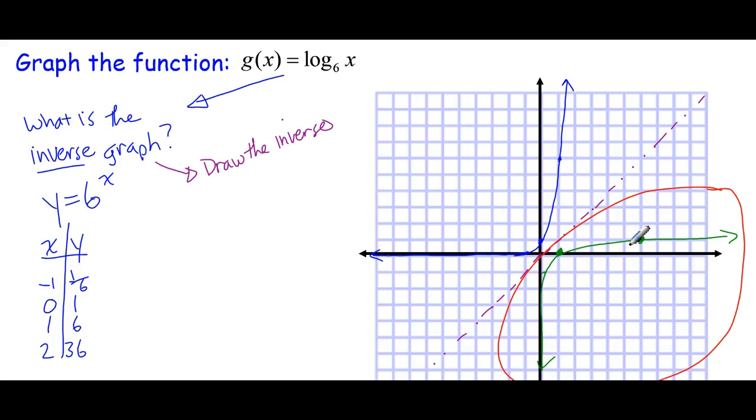And notice, like I mentioned earlier, the domain for this thing, or all these points, happen only for x bigger than 0. All logarithms have that limitation. You can only plug positive numbers into logarithms. Keep that in mind. That's going to come back again.